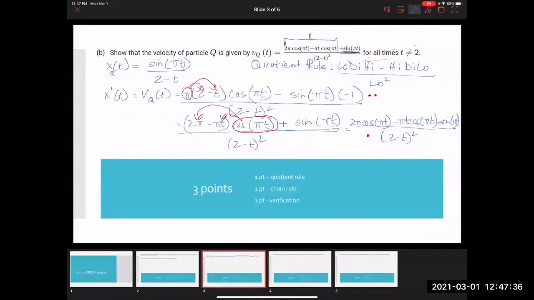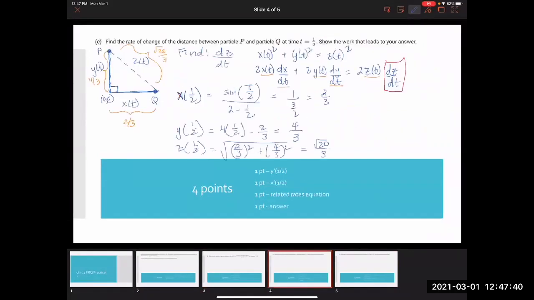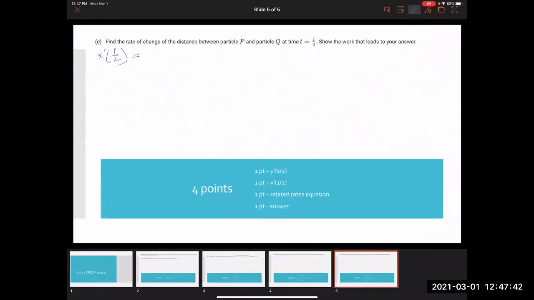It's that long equation right there. So I'm going to fill it in, but I expect you to be able to actually do the simplifying part. So I'm not going to do all the baby steps of the simplifying, but I will fill it in. So x prime of t is the same thing as v of q, the velocity of particle q, which we already found that equation for. So now I'm just going to plug in 1/2 for t into that equation.